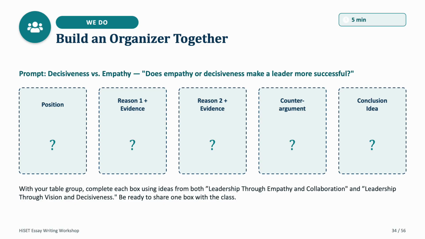Paragraph 1 also explains why. Empathetic leaders prioritize understanding the needs and emotions of their team members, and this builds trust and open communication. Now, let's go to our second reason. Well, empathy helps leaders succeed with diverse teams.